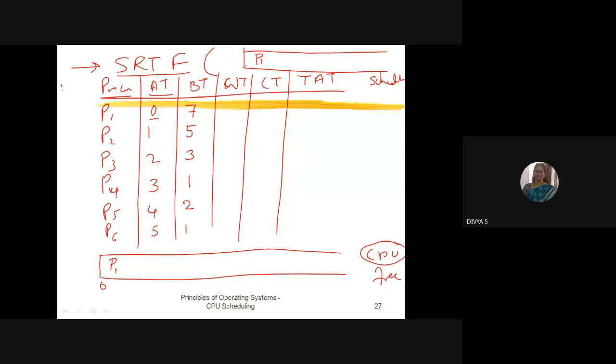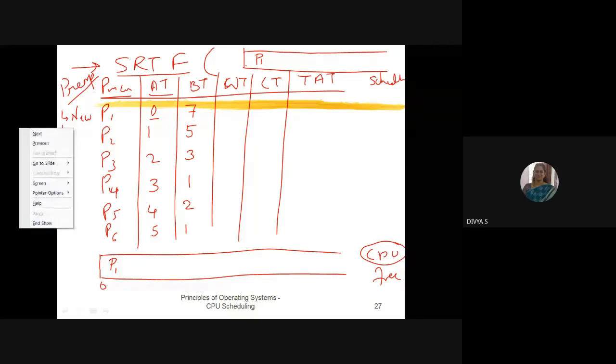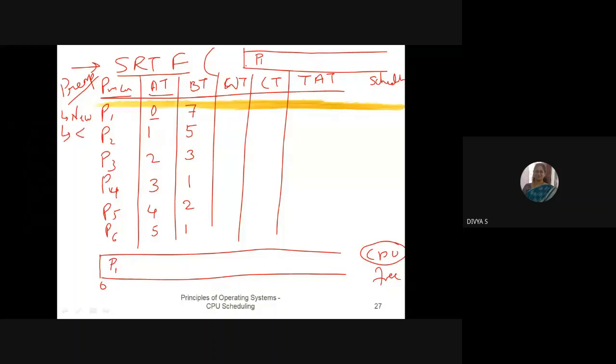As it is purely a preemptive approach, the process can be preempted by two conditions. What is the first condition? Are there any new processes arrived or not? If that condition is satisfied, then the scheduler will look into the second condition. What is the second condition? Is the newly arrived process's burst time lesser than the current executing process or not?